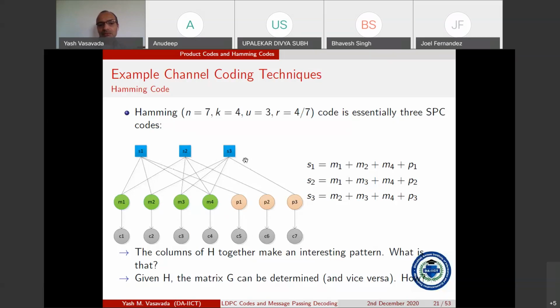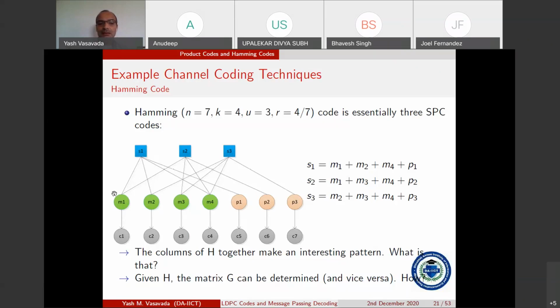So now we are kind of getting a graphical structure similar to what we were looking at in the context of low density spreading CDMA, right?